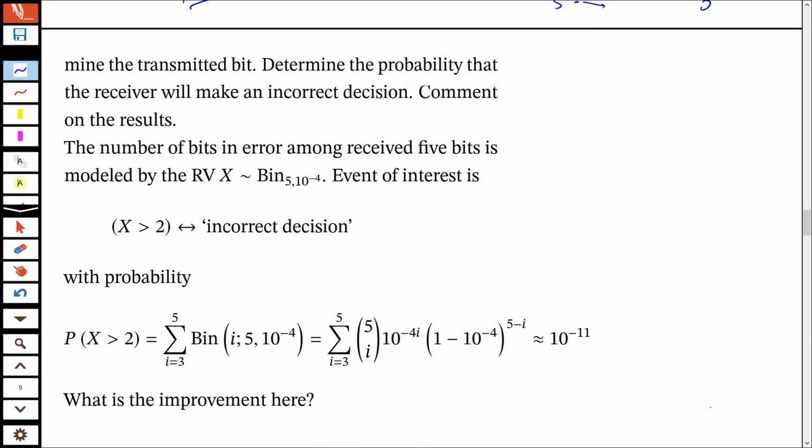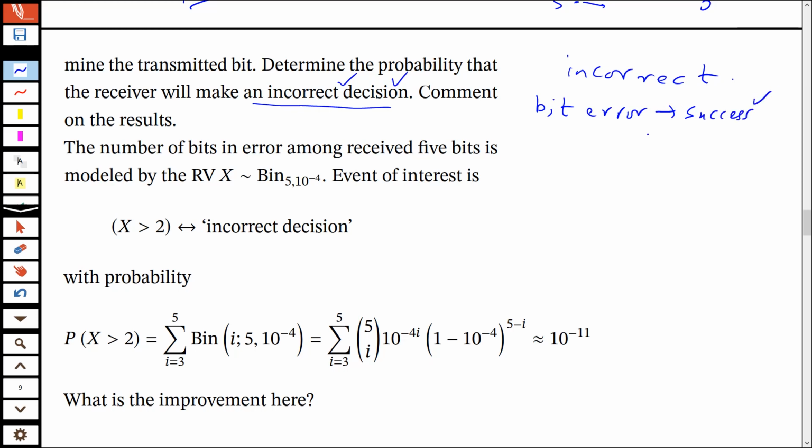Now let's say we are interested in the probability that the receiver will still make an incorrect decision, which means that the majority of those 5 are received wrong. So remember we are interested in the incorrect decision. If that is my purpose of solving this question, getting a bit wrong or bit error is actually my success, because I'm interested in that.